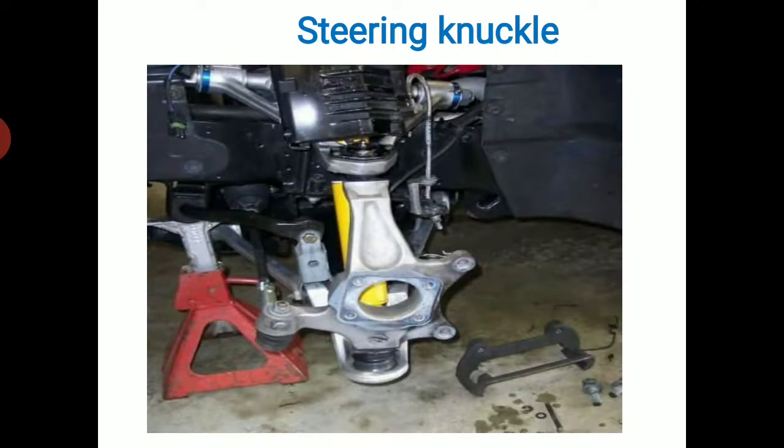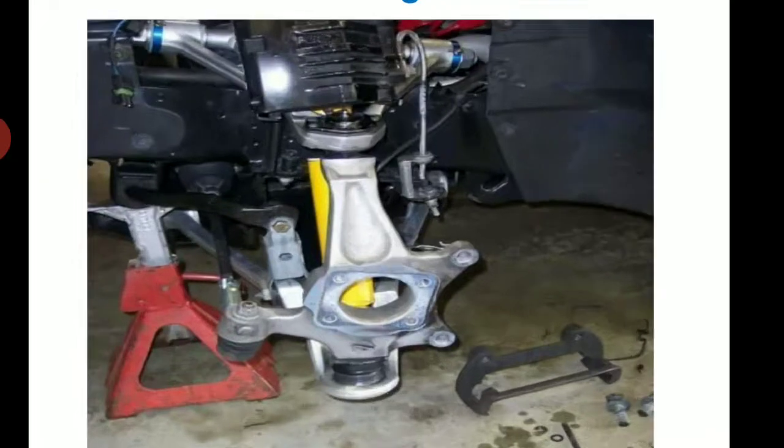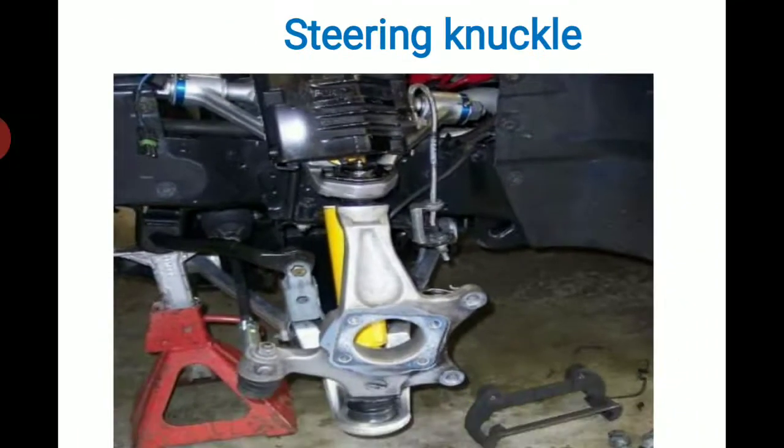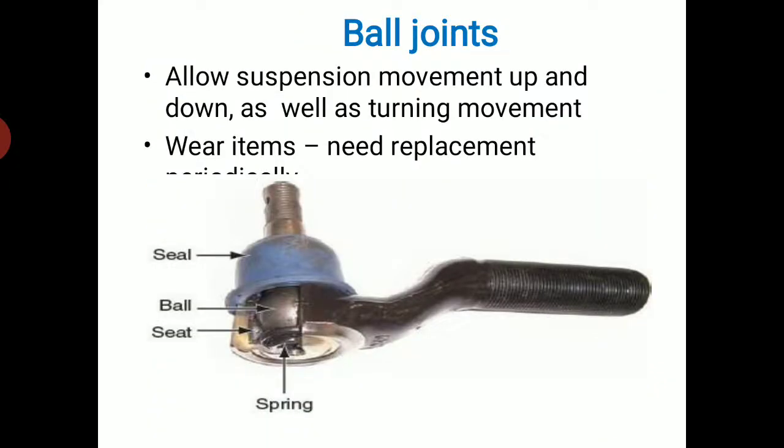So the steering knuckle. These are ball joints, which allow suspension movement up and down as well as turning movement. So ball, seat, seal, etc.